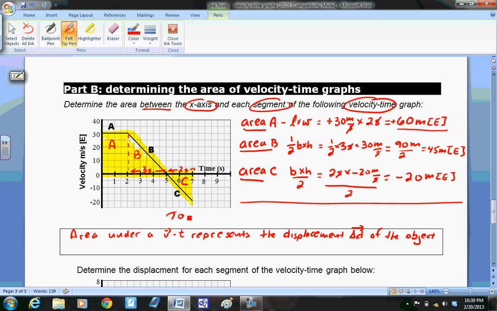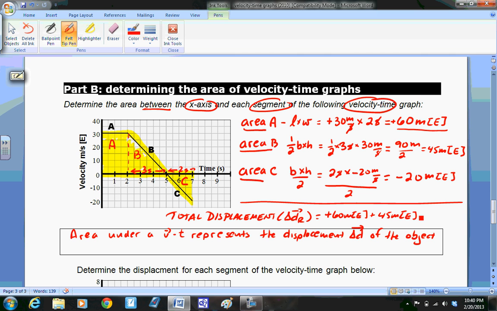So my total displacement is really my resultant displacement, if you remember that from our vectors. And to get this, all I do is add these different components together. So positive 60 meters east for the first section. Then we traveled 45 meters east.